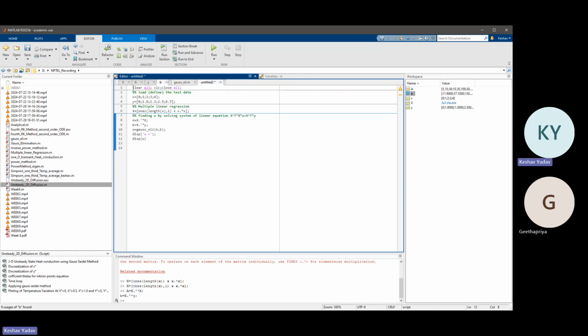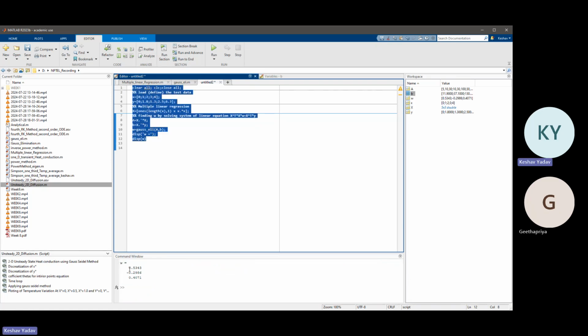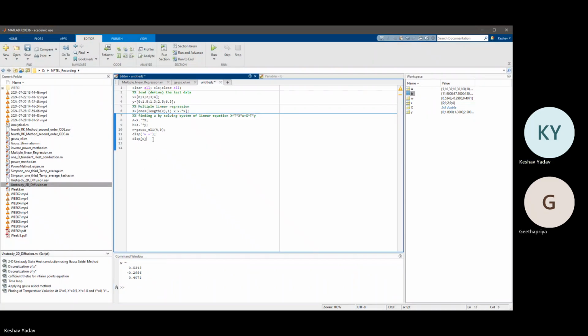Now if I run this, see my W is coming like that. This is the same value that we have got by doing the hand-based calculation. Okay. So I have found out the W, which is nothing but calling Gauss elimination.